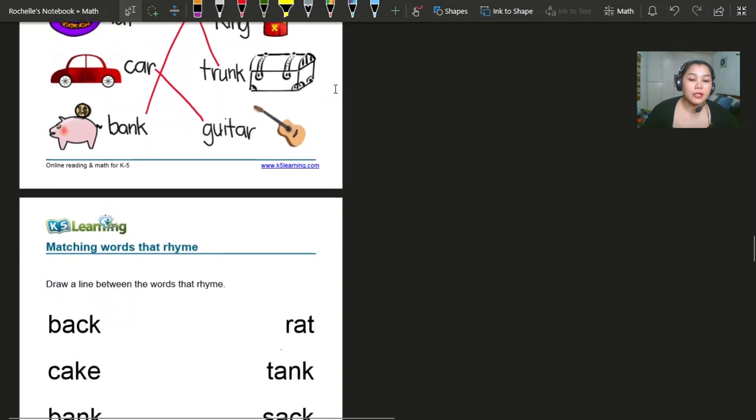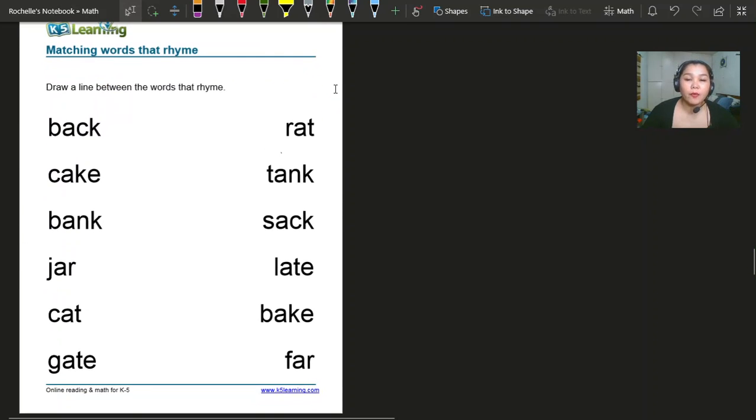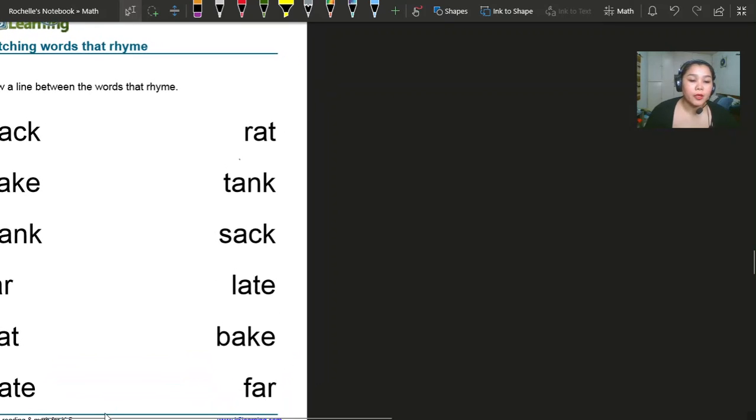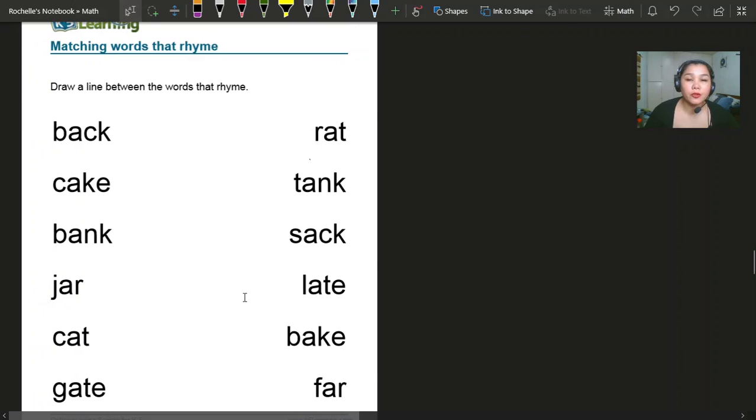Okay, another set. This time we don't have any pictures. All you have to do is read the words first before you can match it with the rhyming word. Okay, so the clue for you to find the rhyming word is try to read and listen. Listen to how it is read.